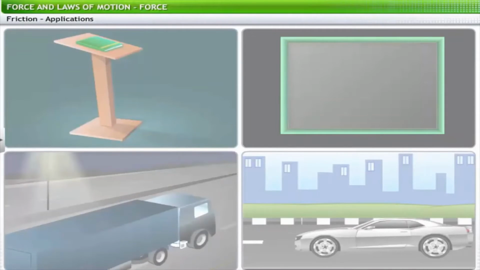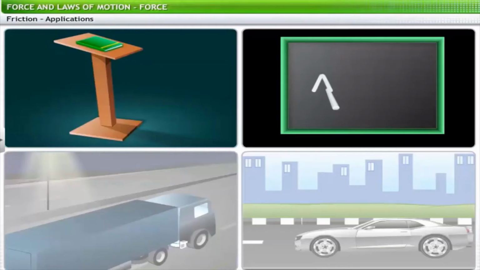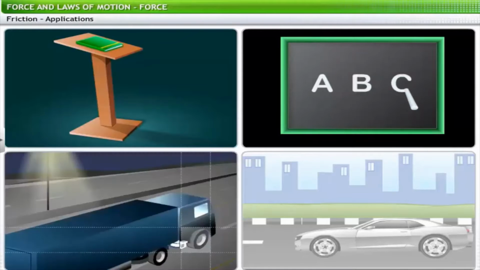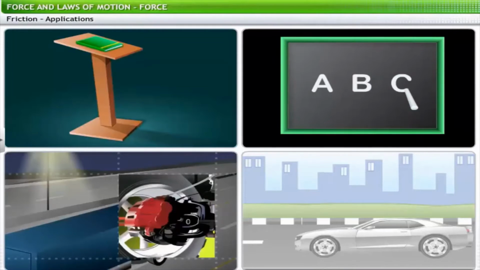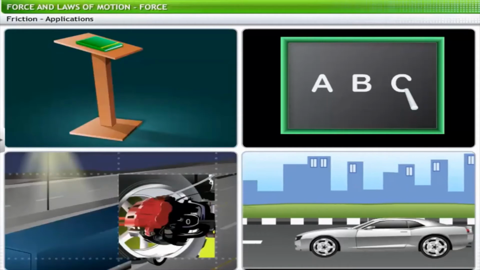Some examples are objects lying on a slightly inclined plane, pens, pencils, and chalk in use, automotive brakes, and friction between vehicle tires and the road when in motion.